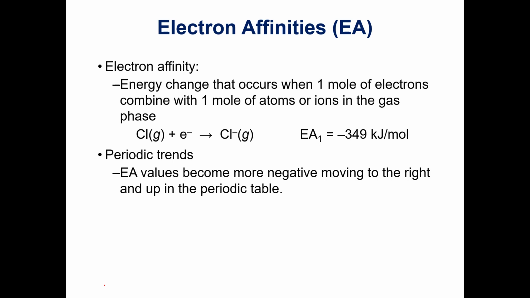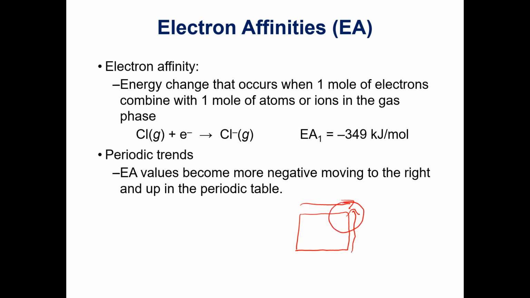Electron affinity values become more negative as we move to the right. If I draw my periodic table, just as a box to represent what we're talking about, electron affinity values become more negative as we go to the right, and they become more negative as we move up. This trend should remind you of something. This looks exactly like the ionization energy trend.